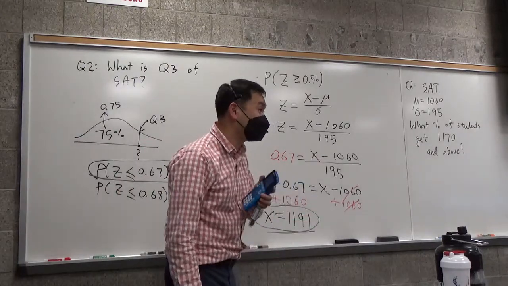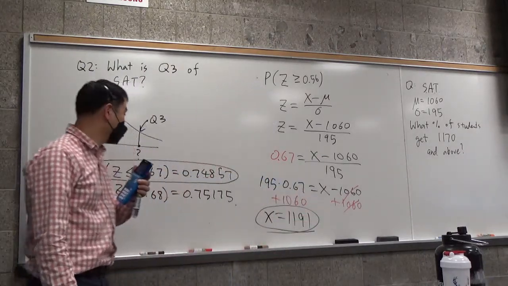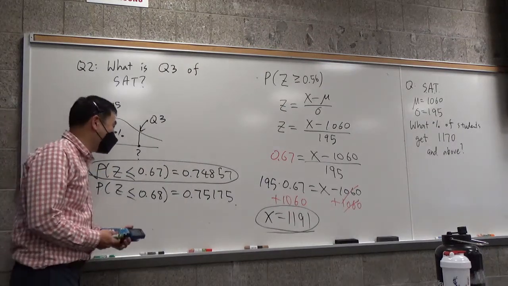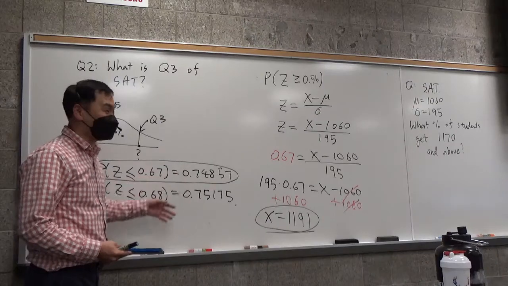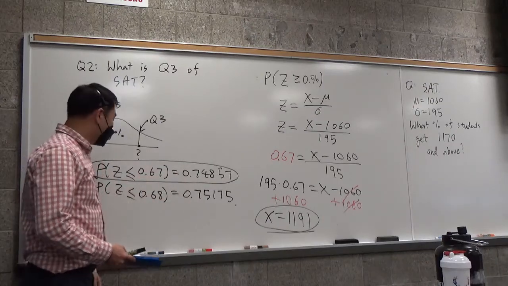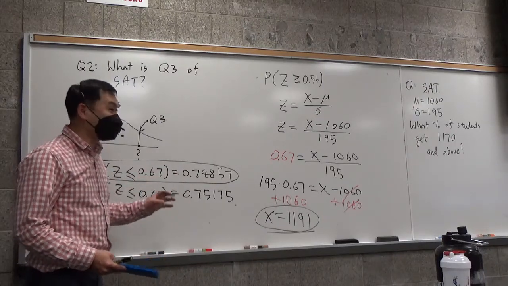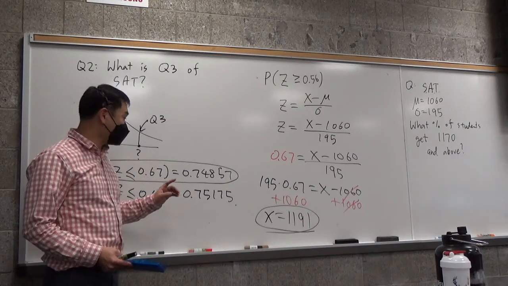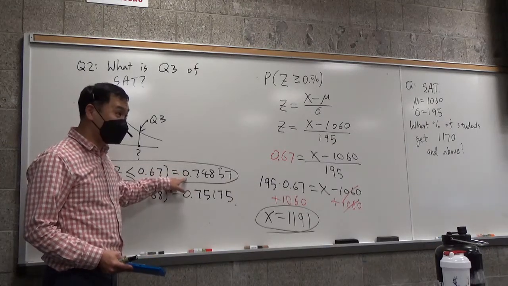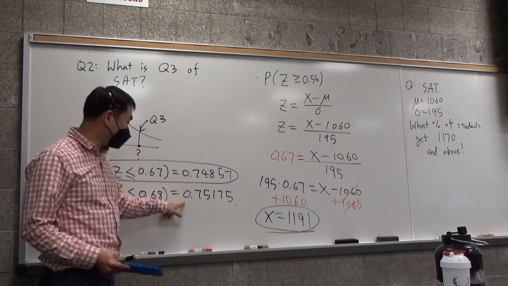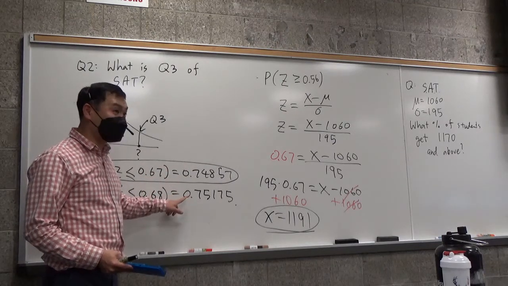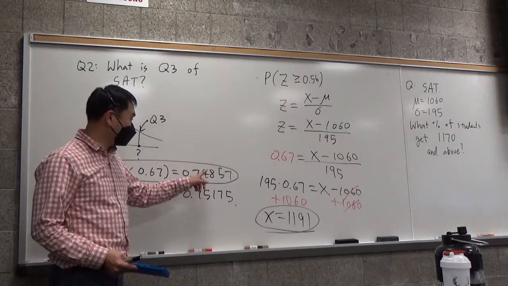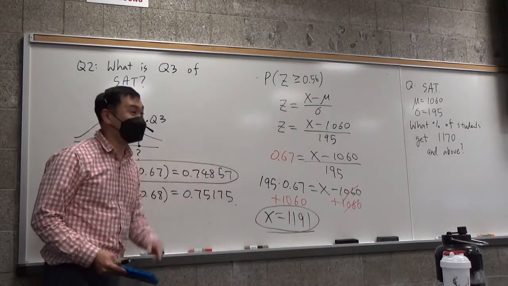You have a question? Yeah, how did you know to do 0.67 or 0.68? So, when I'm grading, I wouldn't really make it a big deal if you chose this one. But if you see, our target is 0.75, right? And if you do 0.75 minus this one and 0.75 minus this one, you get the value of 0.00175 versus this would be 0.00143.